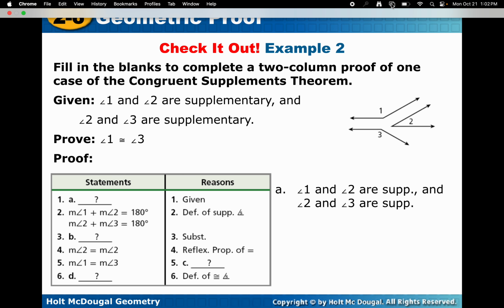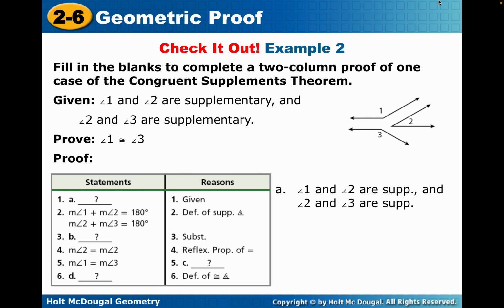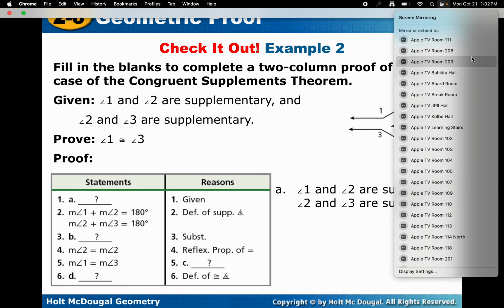If you look at that next statement, it says angle 1 plus angle 2 equals 180, and then angle 2 plus angle 3 equals 180. We are just describing what supplementary means. So that's why that reason is definition of supplementary angles on that second step.